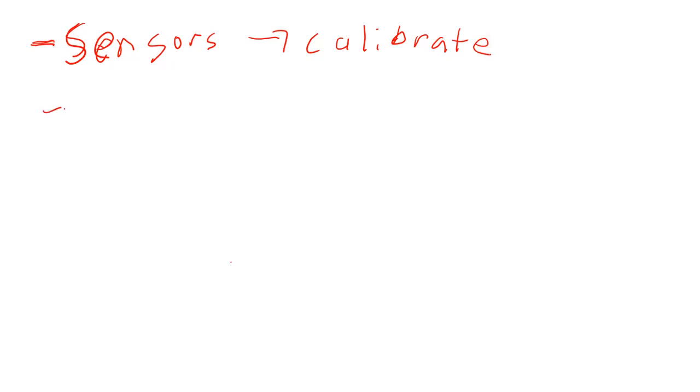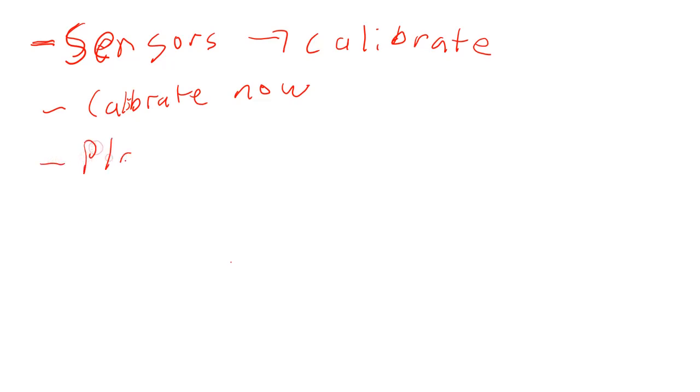And once you click on Calibrate, you're going to press Calibrate now. And then you're going to have two pH buffers available to you. One of them will be pH 4 and one of them will be pH 7.